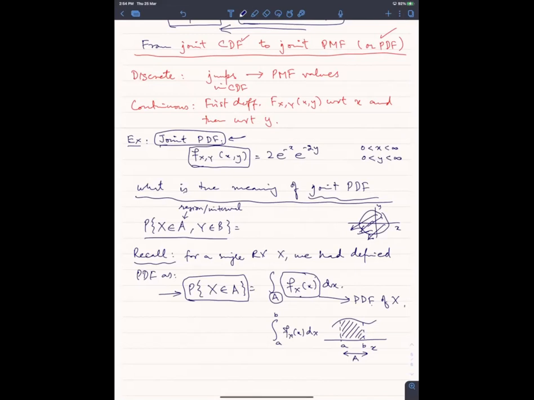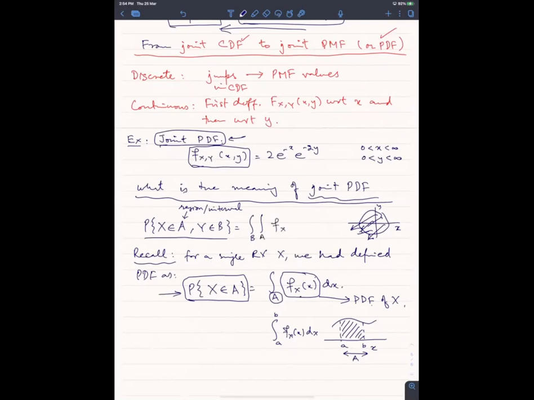सो एक्स एंड वाई आर along the two dimensions and you take the integral along x and y, okay, such that y belongs to b, x belongs to a.